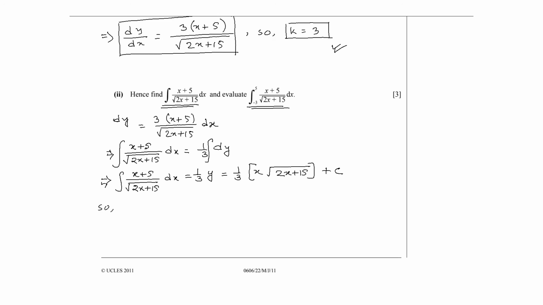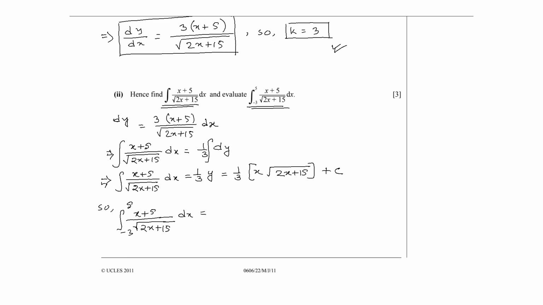Now in the next line we can write, with the limits minus 3 and 5 for x, integration of this (x plus 5) over square root of 2x plus 15, we have to use the values.